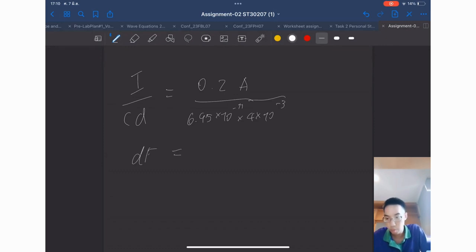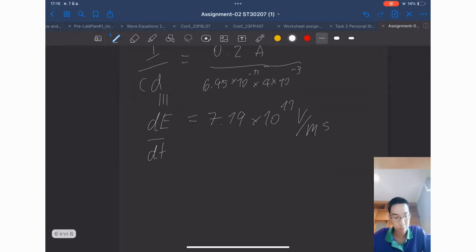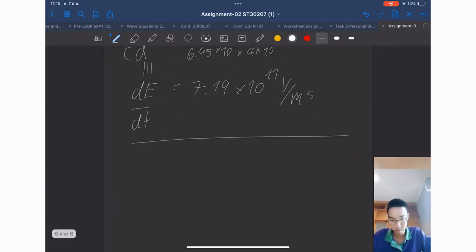Now we have got dE by dt equal to 7.19 times 10 to the power 11 volts per meter second.